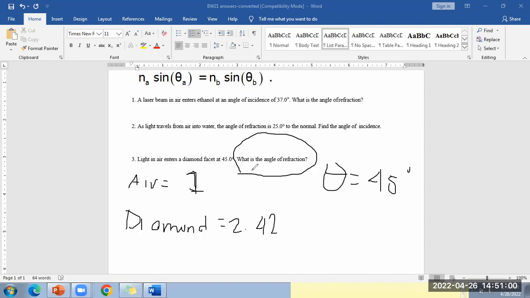So ilan po yung magiging sagot? So what will be the final answer? Nasa inyo yan kung anong angle, A or angle B, ang gagamitin natin.